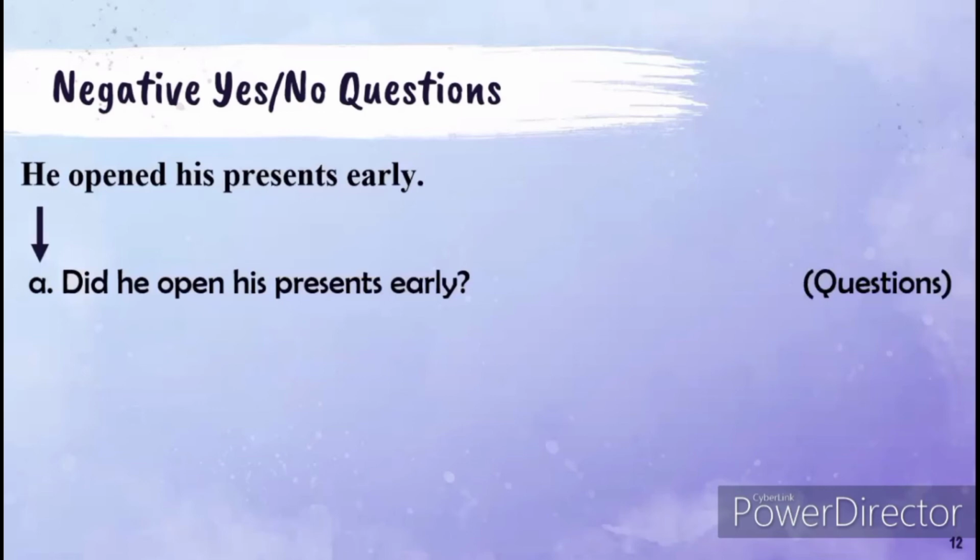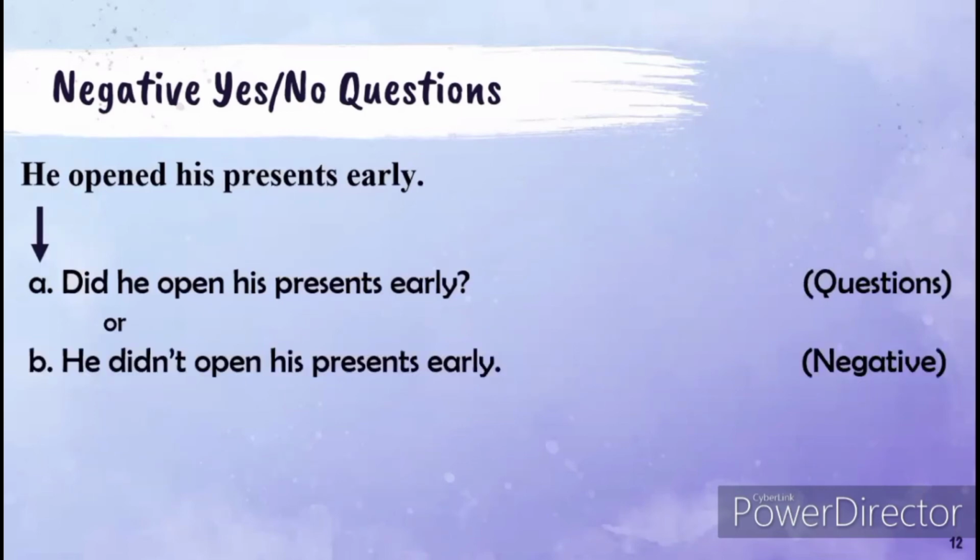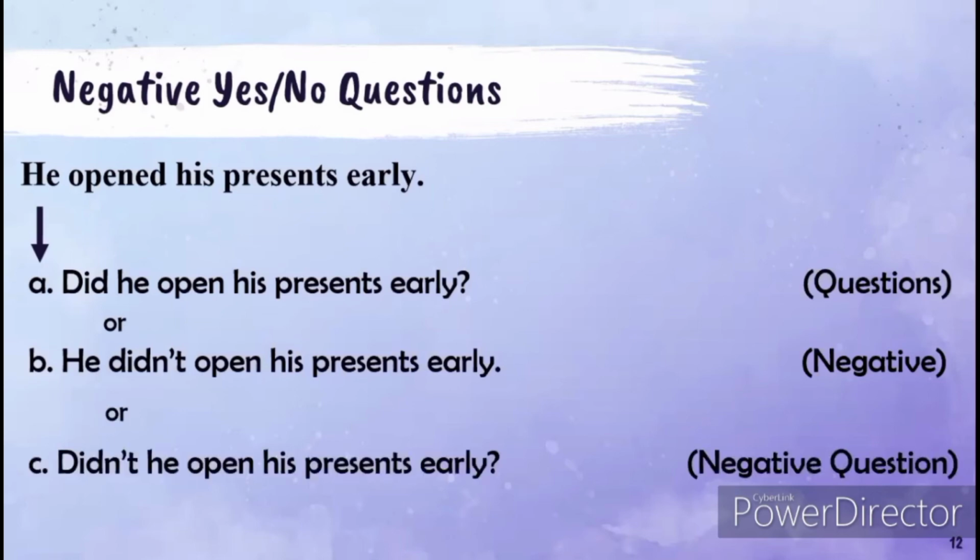It is in the question form. For letter B, he didn't open his presents early. Negative sentence. For letter C, didn't he open his presents early? Became negative question.